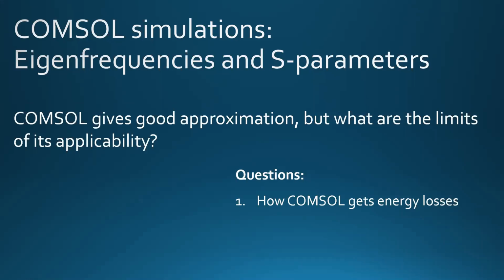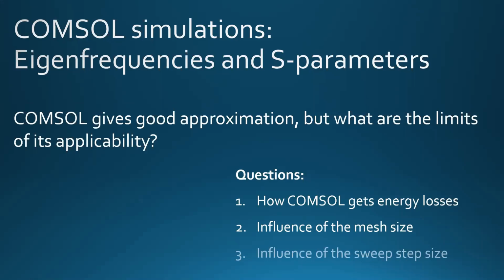So it's a problem, obviously. And in Sonnet, it's not like that. It's fine. Maybe these problems are caused by the finite size of the mesh cells. I also noticed that the sweep step in the simulation also has a huge influence on the results.